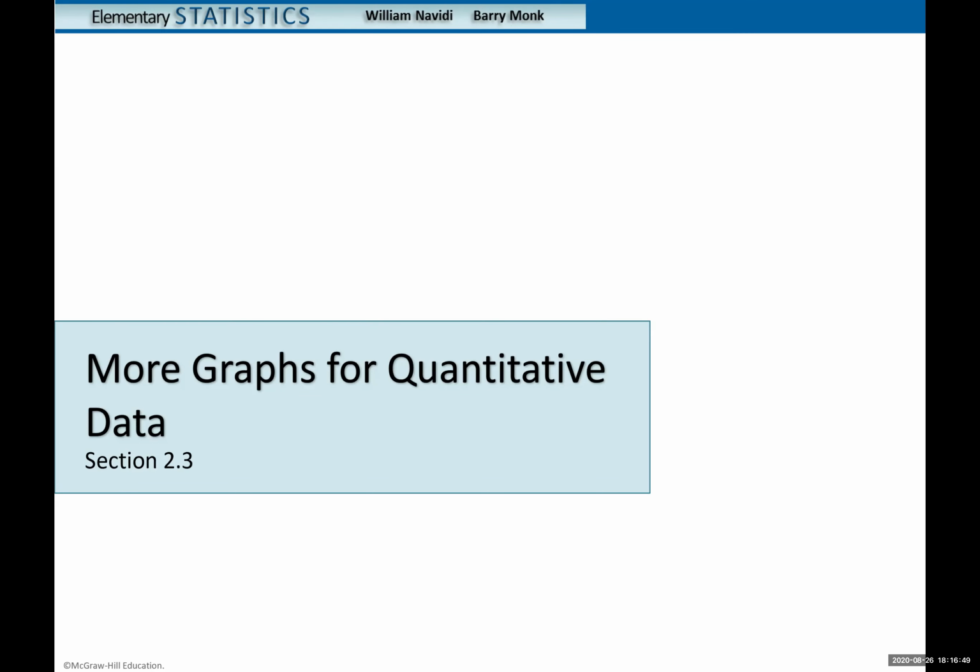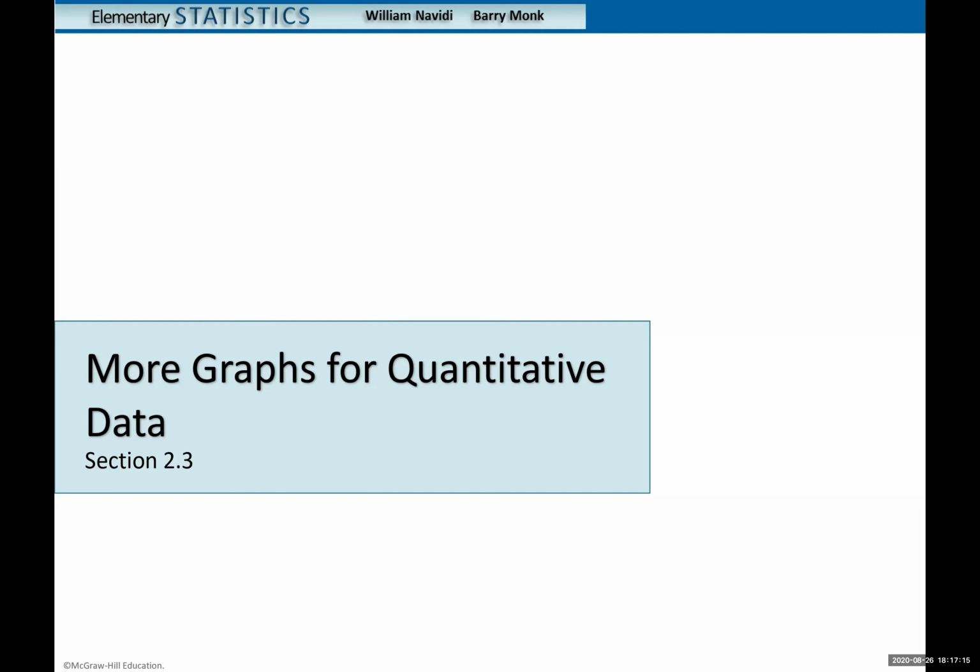And then 2.2, quantitative data, you learned 3 graphs. What are those? Those are histograms, frequency polygon, and the ogives. So 2.1 qualitative data, the bar graphs and the pie chart, right?